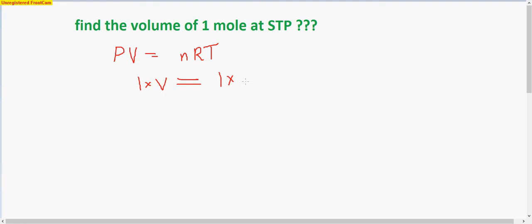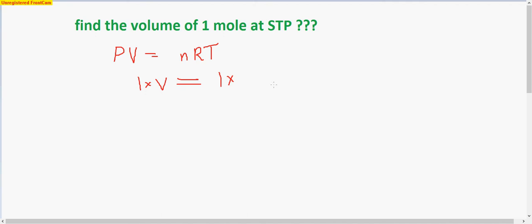What is R? Okay, we have atm and moles, and it's 0 degrees Celsius, right? No, we'll actually do it in Kelvin. All the problems come with Kelvin.